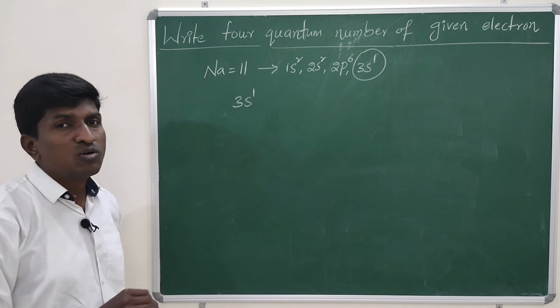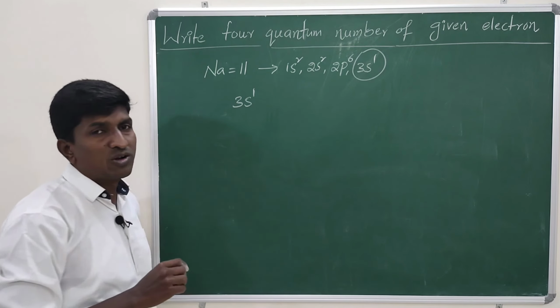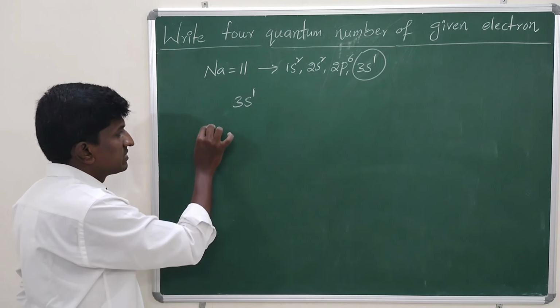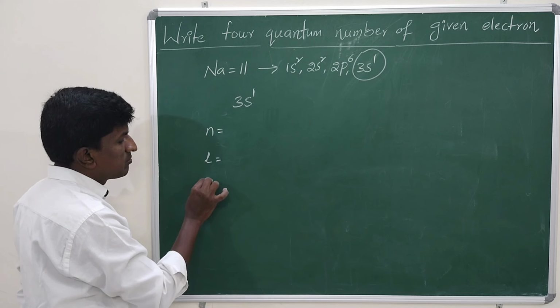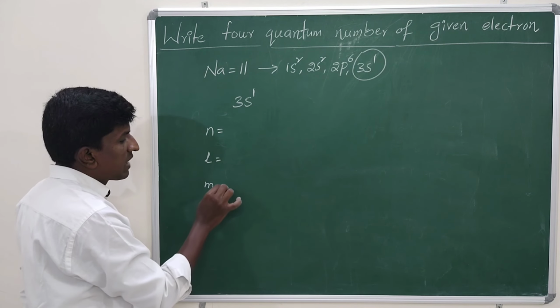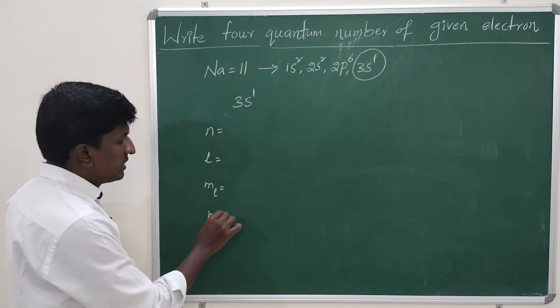Let us write the 4 quantum numbers for the last electron, the differentiating electron in sodium. First the principal quantum number, the angular momentum quantum number, the magnetic quantum number, and the spin quantum number.